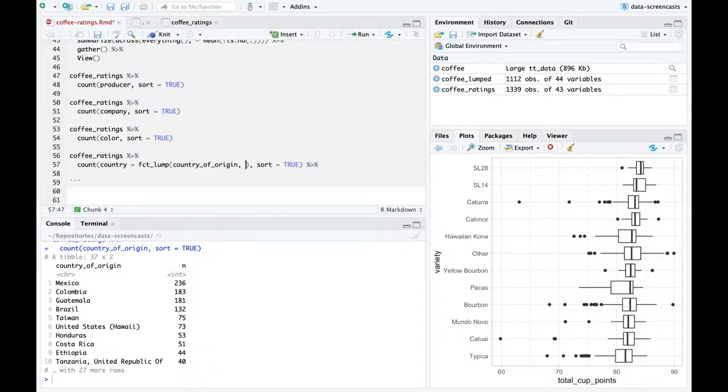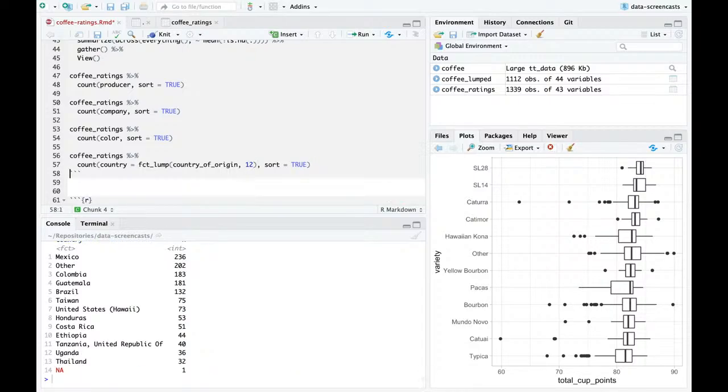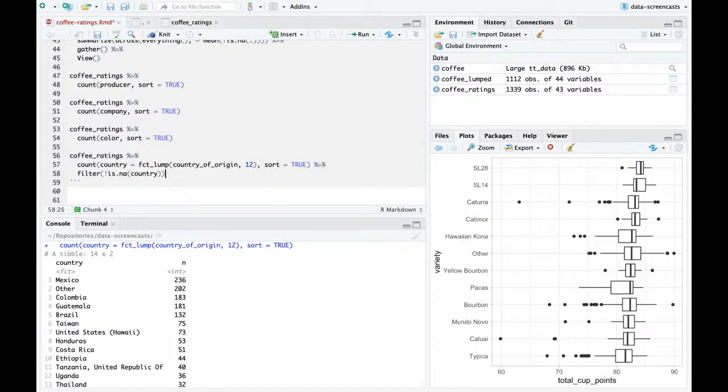And if I say count our top 12 countries and other, filter not is in a country, and get that backwards for that great rotated ggplot. geom_col, mutate country is fct_reorder country by n.